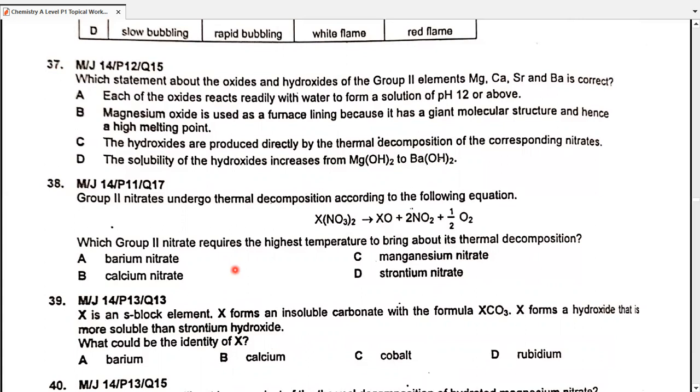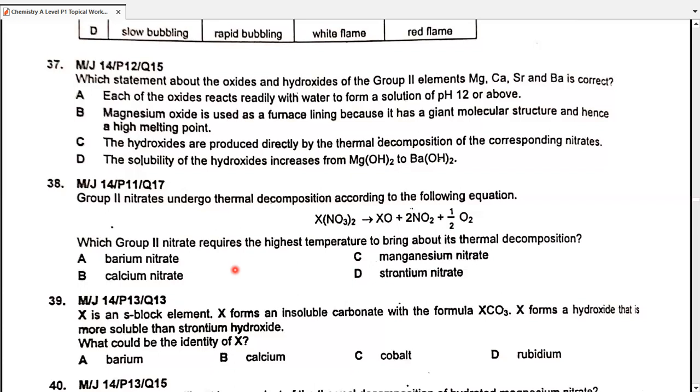Each of the oxides reacts readily with water to form a solution of pH 12 or above. Magnesium oxide is used as a furnace lining because it has a giant molecular structure and hence a high melting point. The hydroxides are produced directly by the thermal decomposition of the corresponding nitrates.